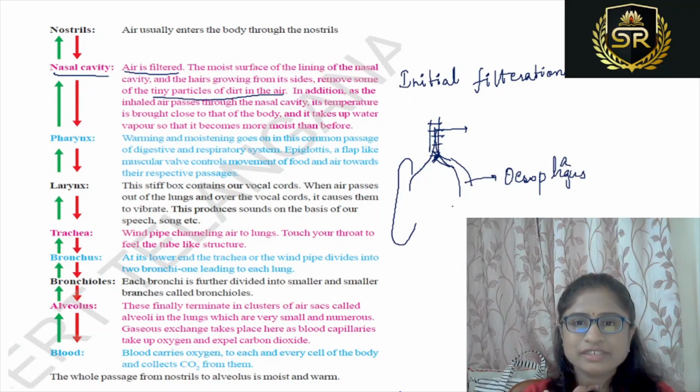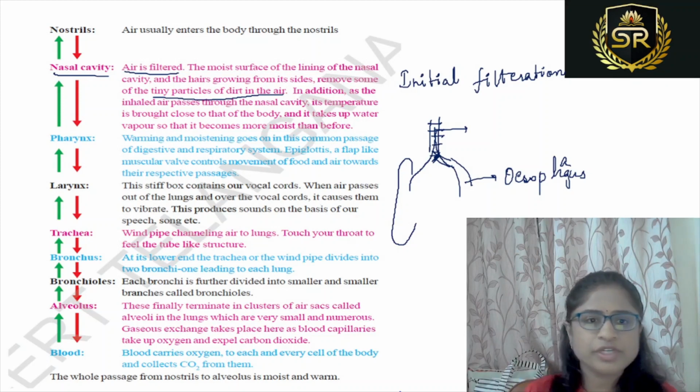That is the reason the larynx is called the sound box. For speech, one type of sound output is produced, and for a song, a different type.